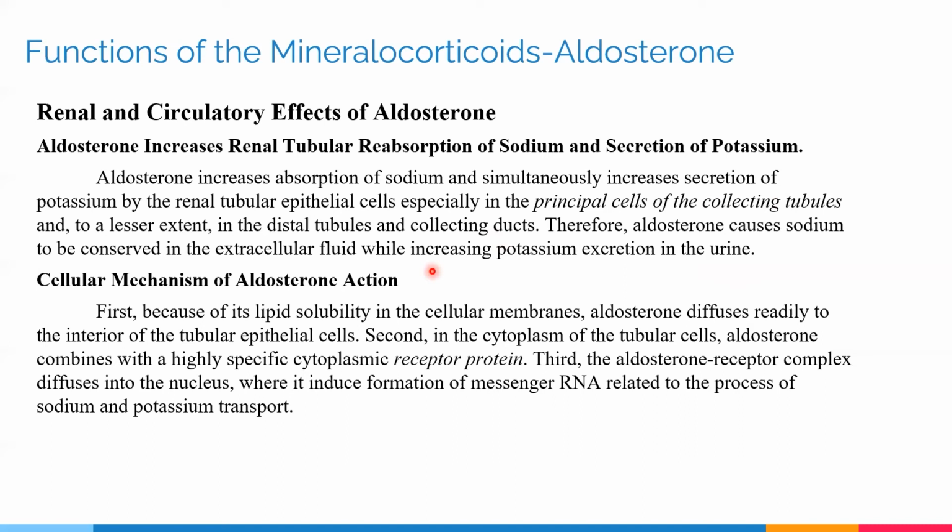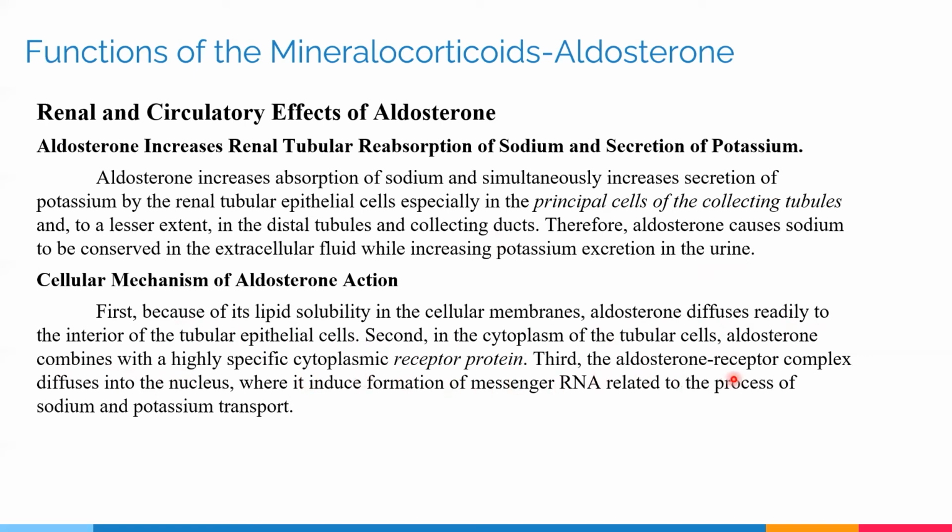Next, we look into the cellular mechanism of aldosterone action. First, because of its lipid solubility in the cellular membranes, aldosterone diffuses readily to the interior of the tubular epithelial cells. Second, in the cytoplasm of the tubular cells, aldosterone combines with a highly specific cytoplasmic receptor protein.